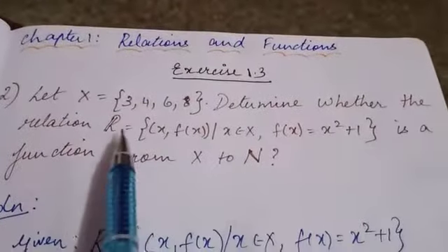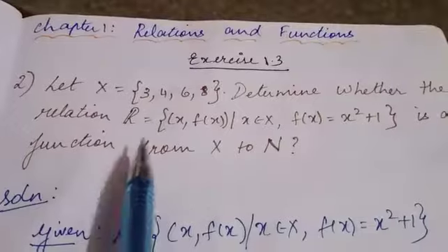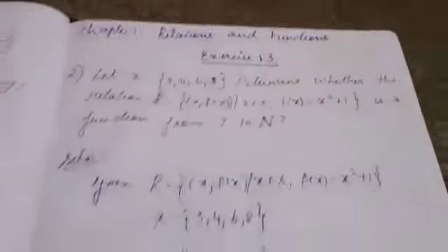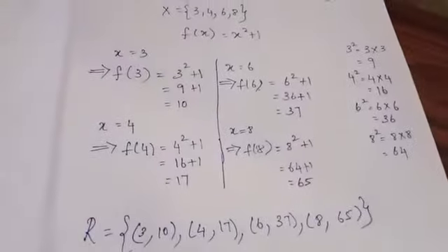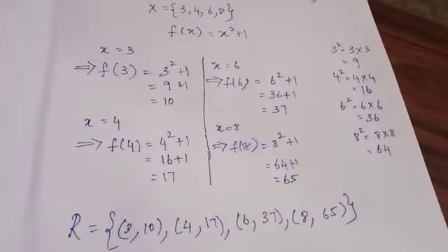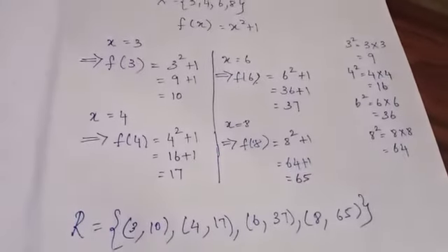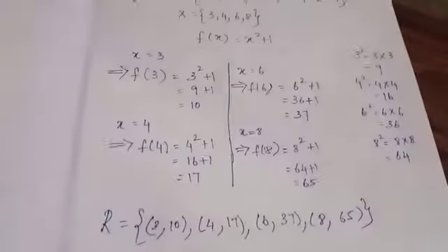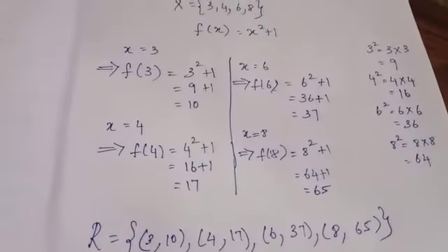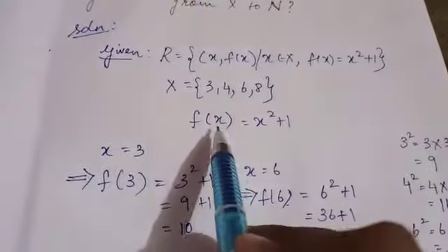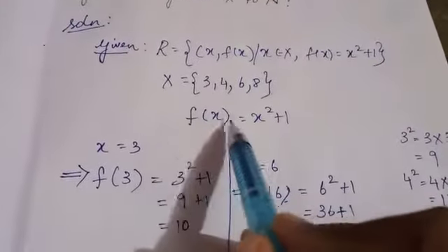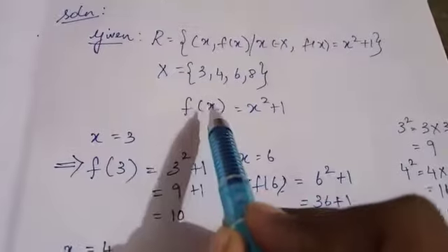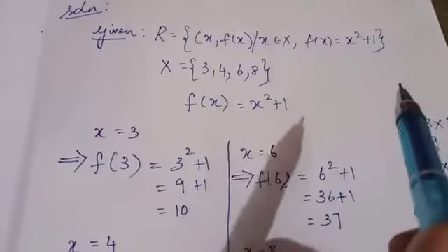So after that, what we have to do? We have to check whether this relation is a function from X to N. So what is the condition for a relation to be a function? That is, every input must have a single output. So here f is a function, this x denotes the input, and this is our output, right?